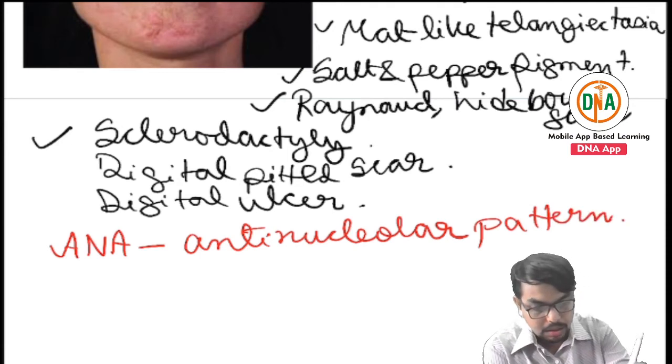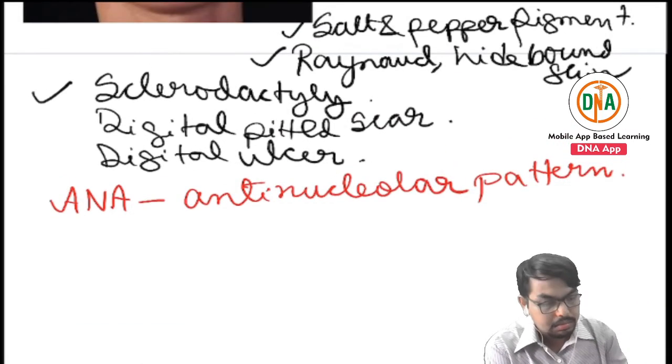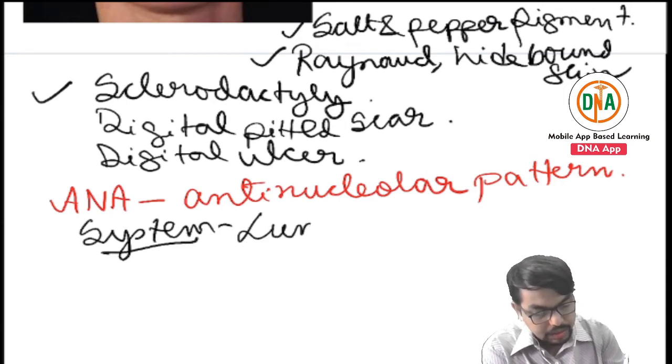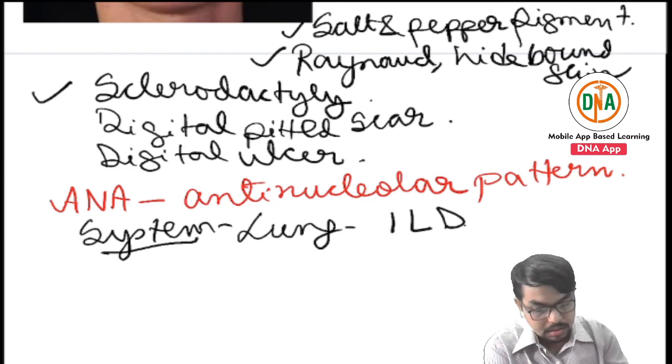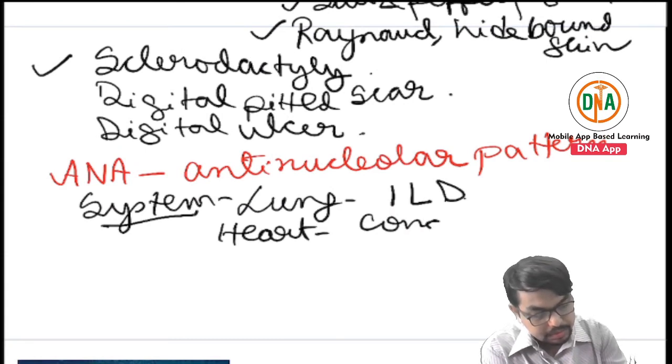Now as it is a systemic disease, what are the other systems involved? Lungs, we get interstitial lung disease. Next, heart, we get various types of conduction defect.